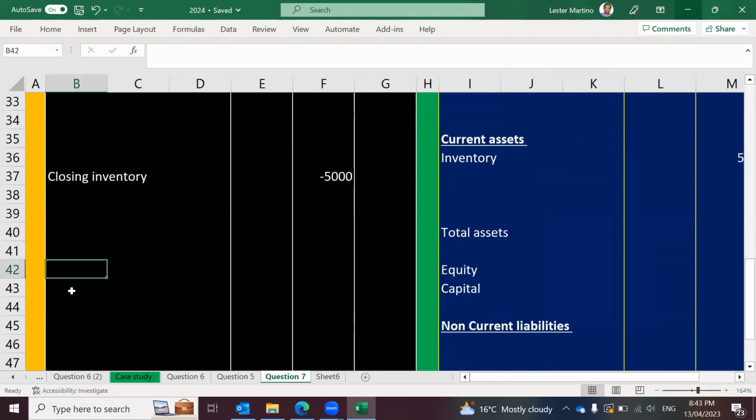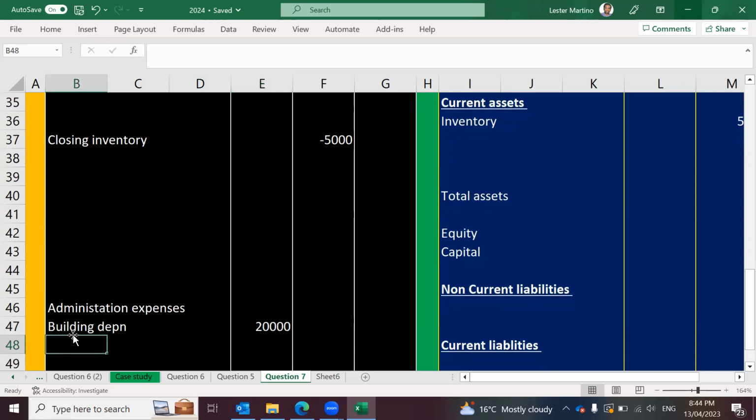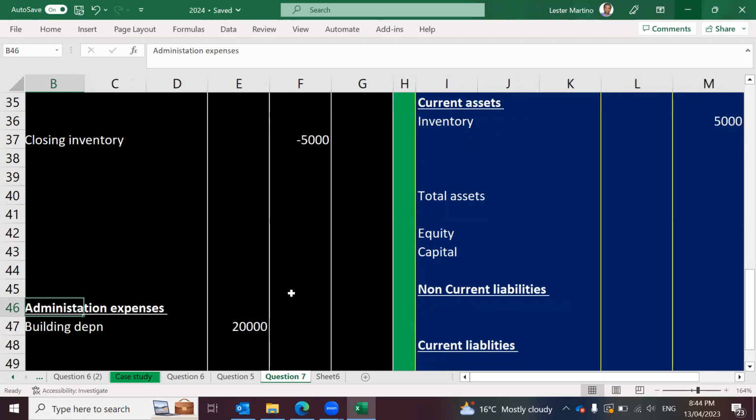So write it down under administration expenses, leave some space. Building depreciation, first column, 20,000.